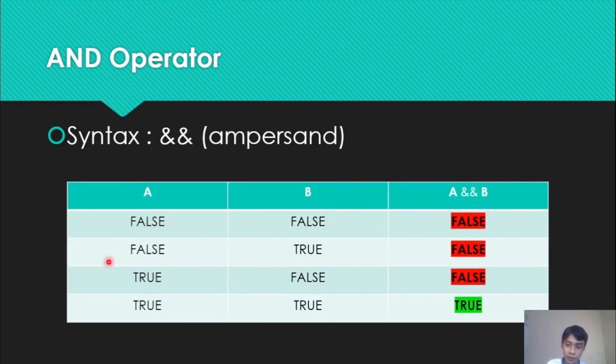And then the next two are almost the same, but not really. A, we said, is the test score. So if the test score is low but they are doing a science subject, it will still be false. And the same goes for this: if the student got a really high score but they're not doing science, then of course the result will be false. Now, for an AND operator to be true, both variables have to be fulfilled.